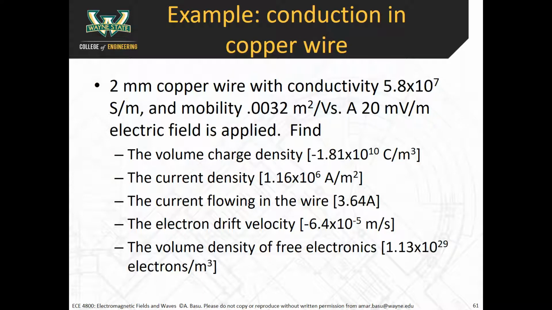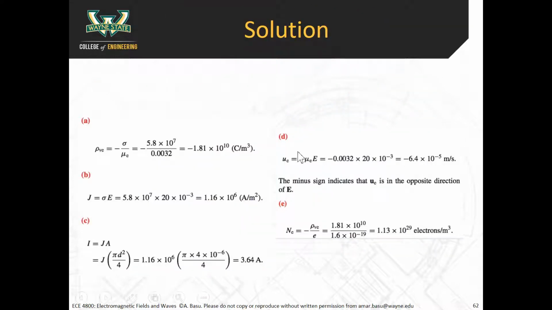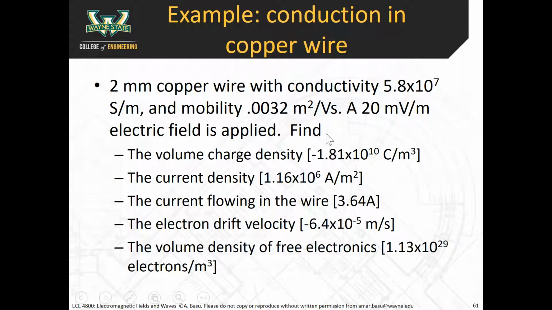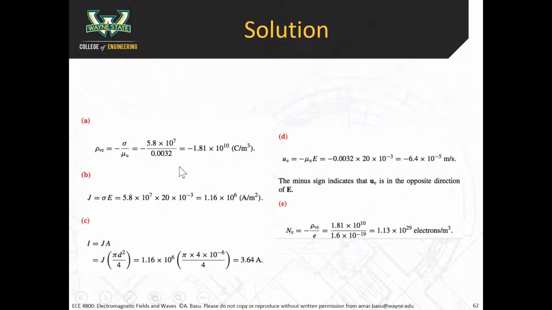When you do these calculations, it's best to do everything in MKS units. The units for sigma are given in Siemens per meter. That is an MKS unit. So you have your 5.8 times 10 to the 7, and then the electric field should be in volts per meter, so 20 times 10 to the negative 3 volts per meter, and your current density then comes out to 1.16 times 10 to the 6th amps per meter squared.